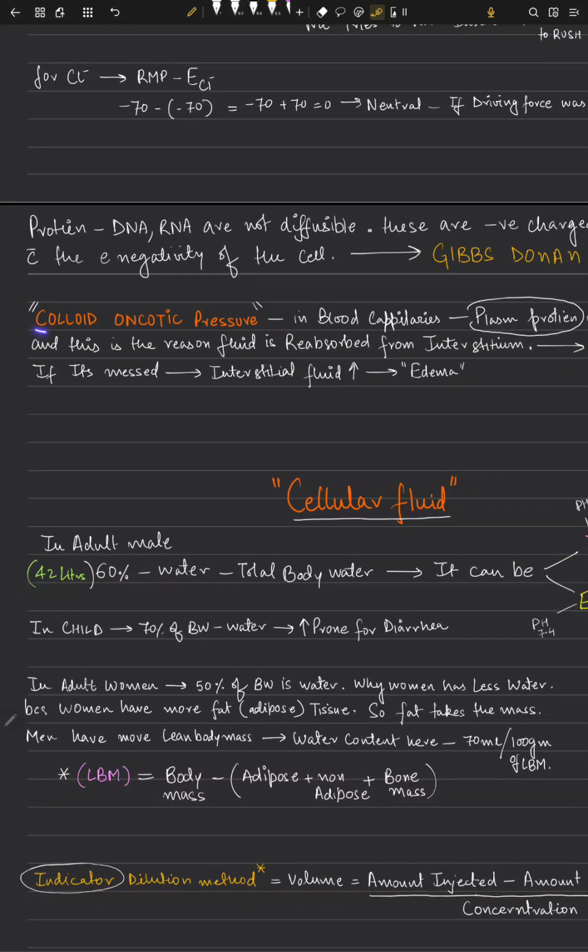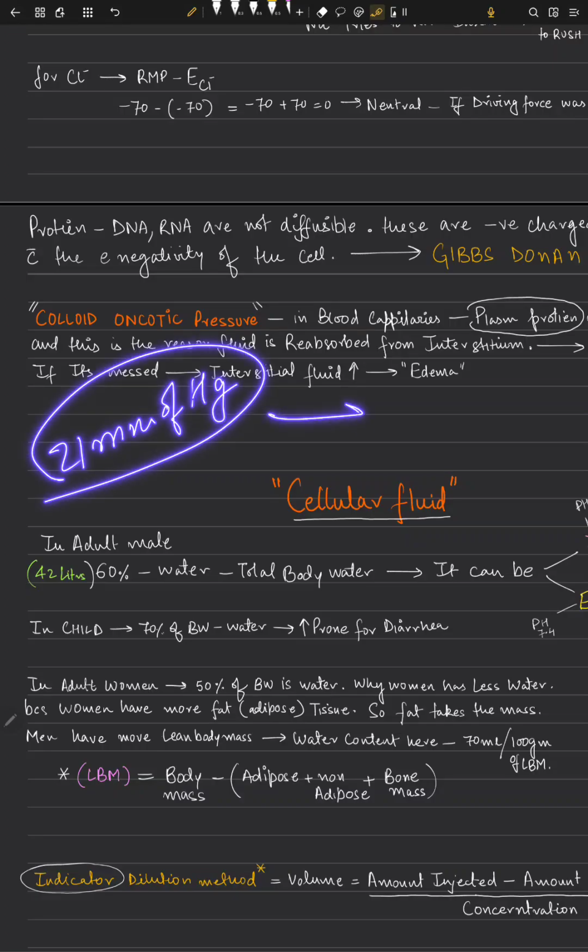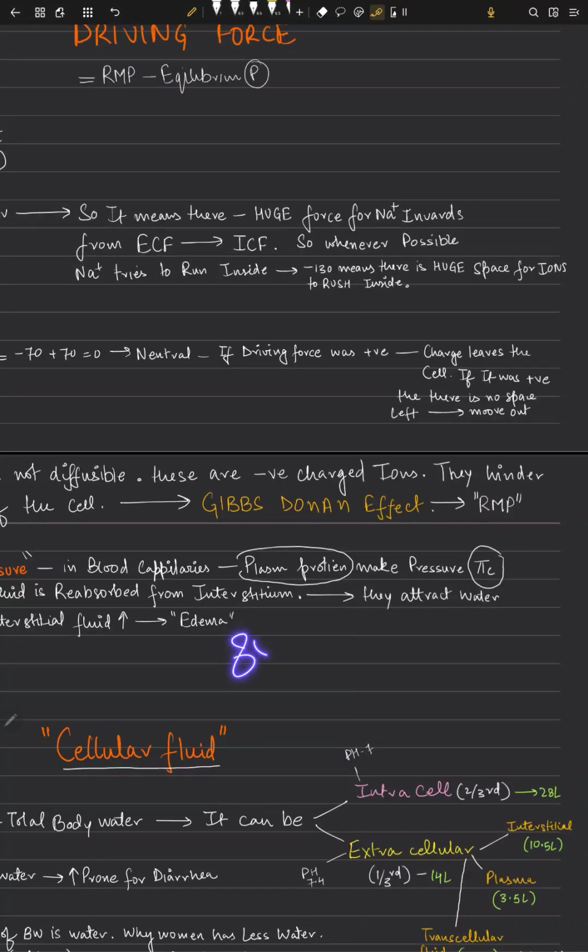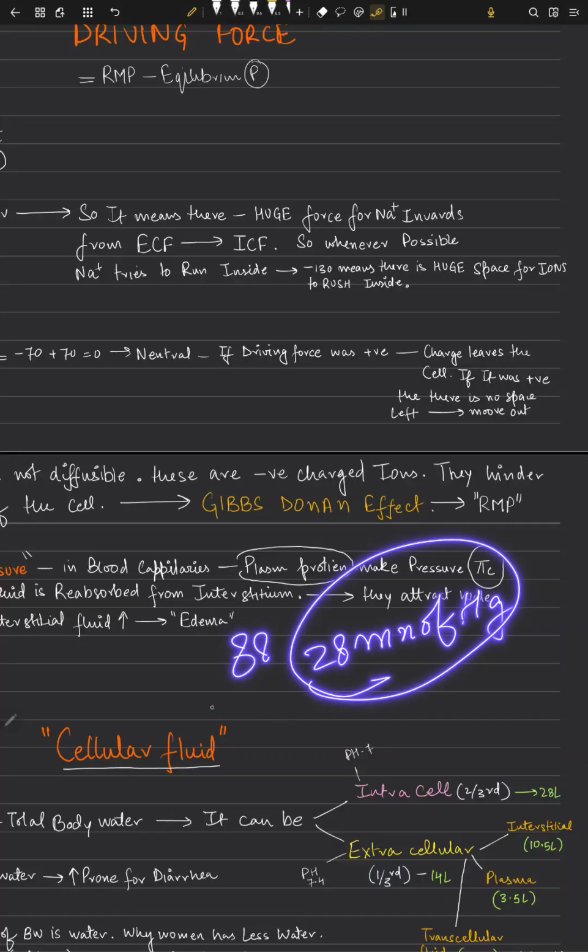Usually this oncotic pressure is more than what your capillaries need. For example, your capillary may need just 21 millimeters of Hg, but usually the oncotic pressure is 28 millimeters of Hg, and this 7 millimeters of Hg is like a security.